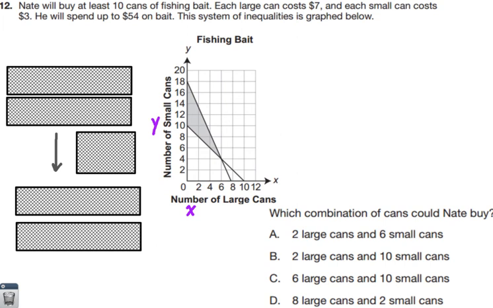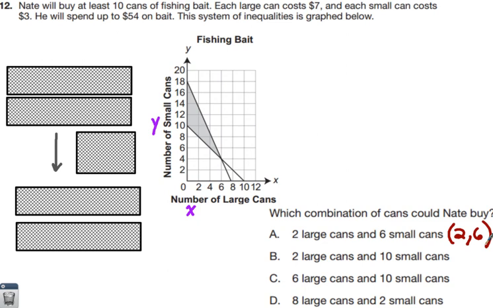And I want to make a point that choice A, 2 large cans and 6 small cans, is essentially saying that (2, 6) might be a solution to the system of inequalities that we could have written. But just by looking at the graph, you can tell.